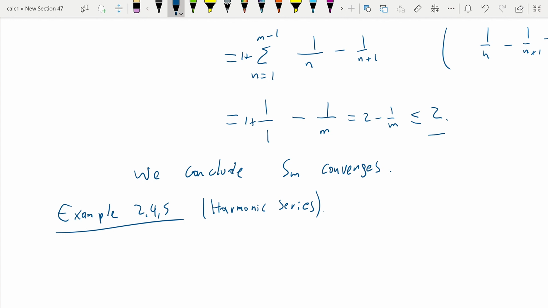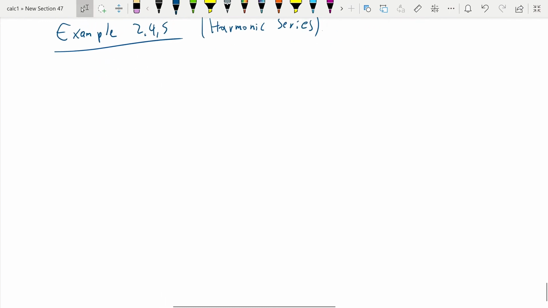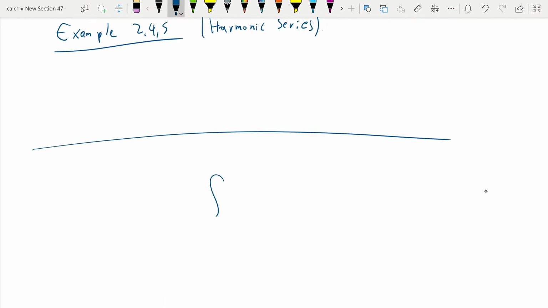This is actually akin to a change of variables. If you remember the integral test from Calc 1, you may change variables, change say x by 2 to the x. So let me just comment on that a little bit. This is not part of the material, but remember, if you want to add the sum from n equals 1 to infinity of 1 over n, well, this is the example, the harmonic series, that you're meant to show is divergent.